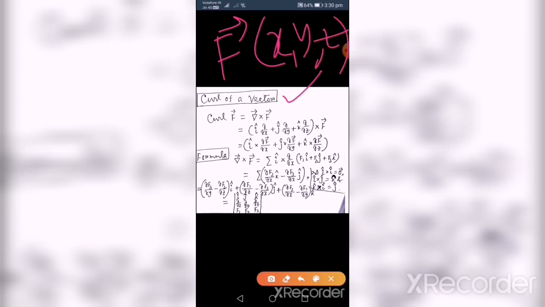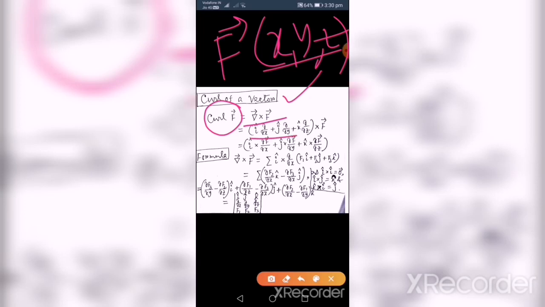Curl of a vector. If f(x,y,z) is a differentiable vector point function defined at each point (x,y,z) in some region of space, then the curl of f or the rotation of f is denoted by curl f or rot f and is defined by curl f equal to del cross f.